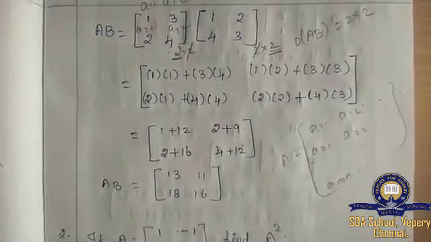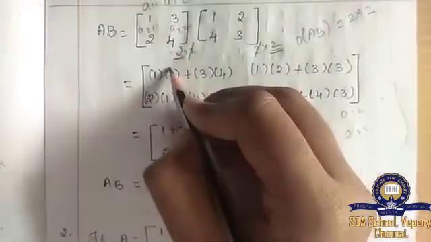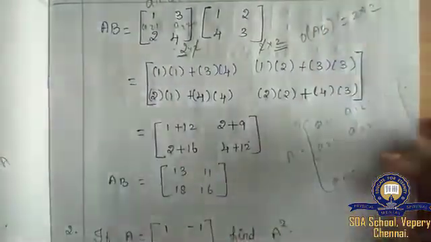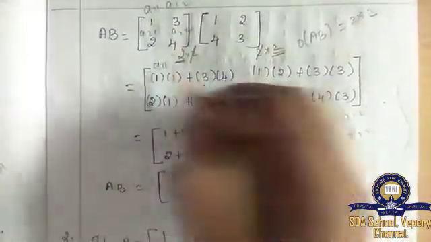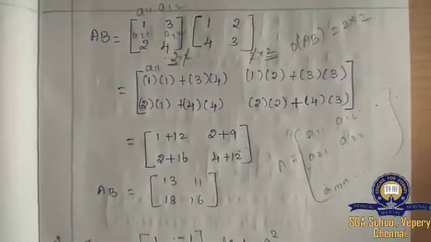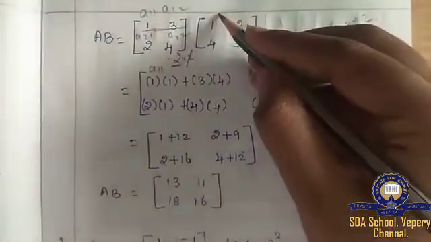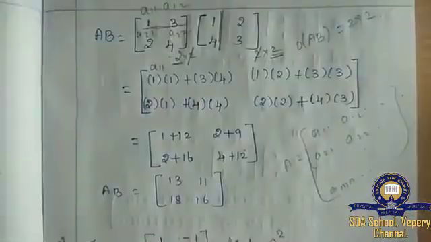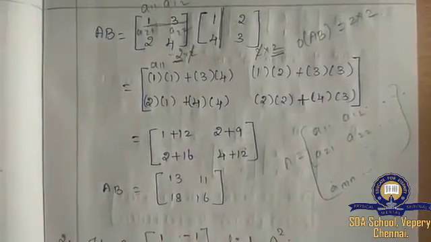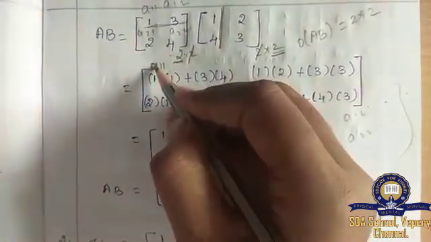So here I am going to fill those places. First I want to fill A11, that is the first row and first column. So how do we multiply two matrices? Here I am going to multiply the elements of the first row of the first matrix with the first column of the second matrix. People do remember, the first thing we have to do is fill all the places.